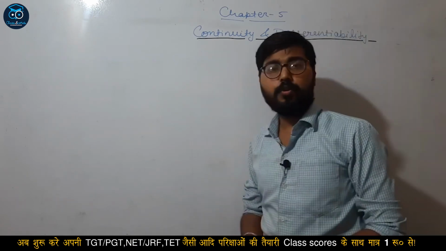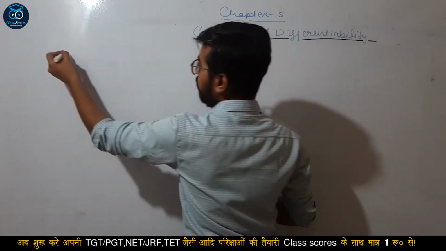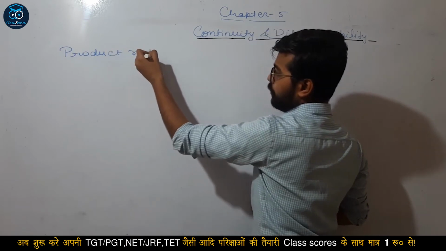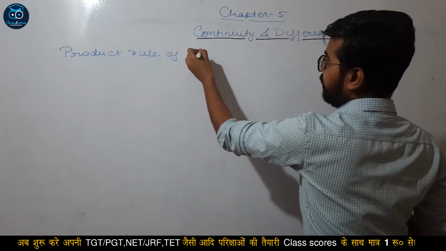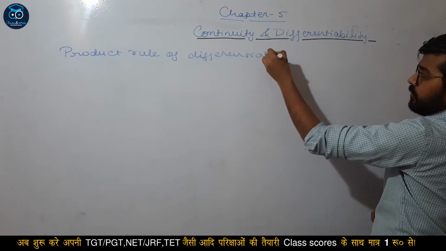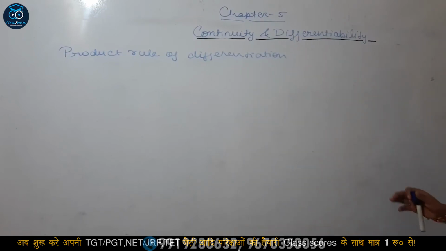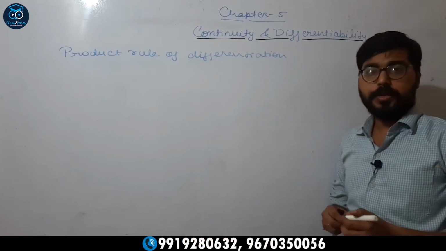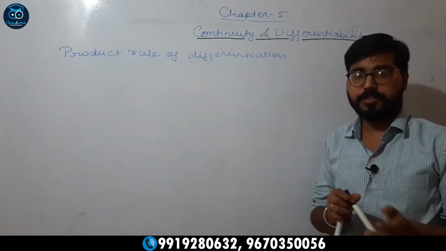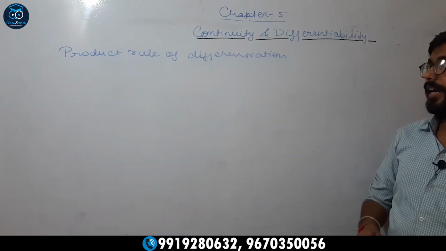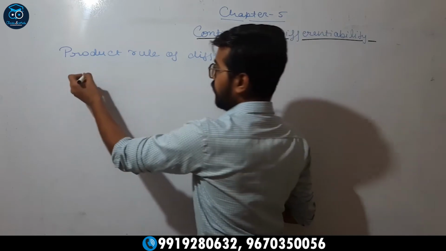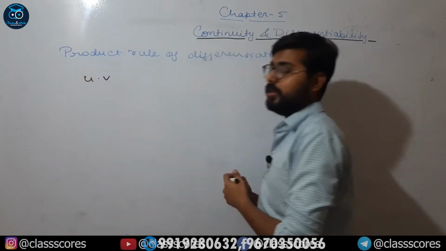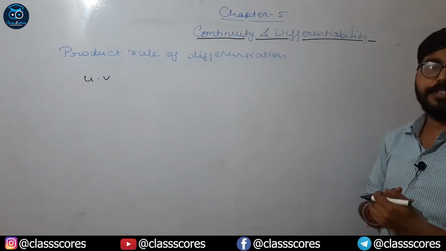Now moving towards the product rule of differentiation. Till now we had done all the formulas based on a single function. Now if we get a product function, suppose u and v are two functions in product form, we have to differentiate this.